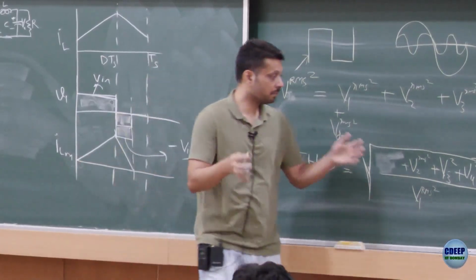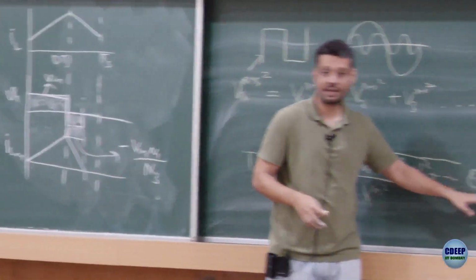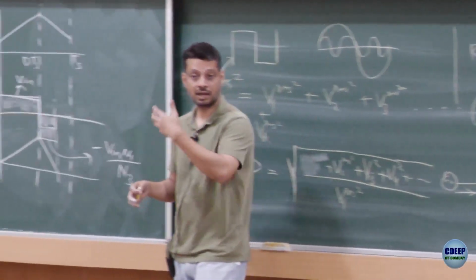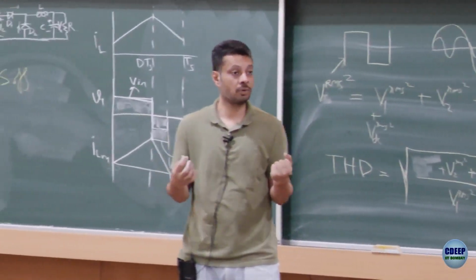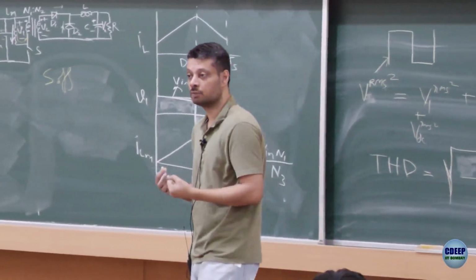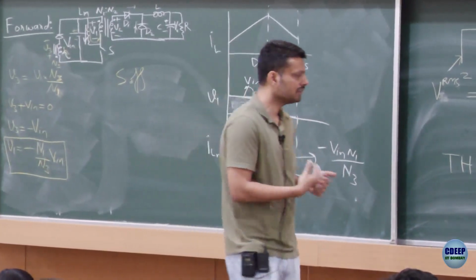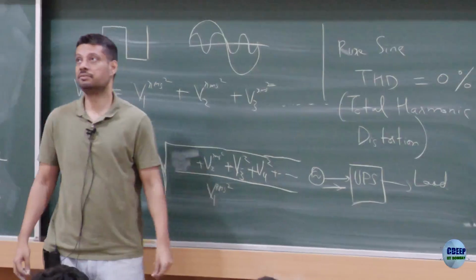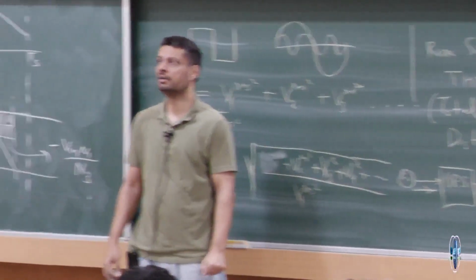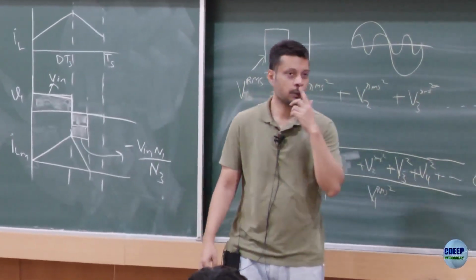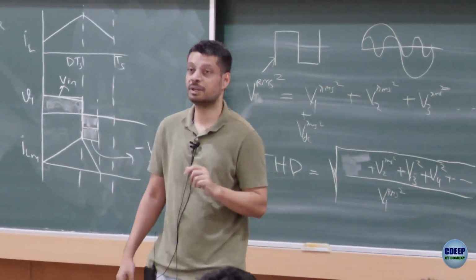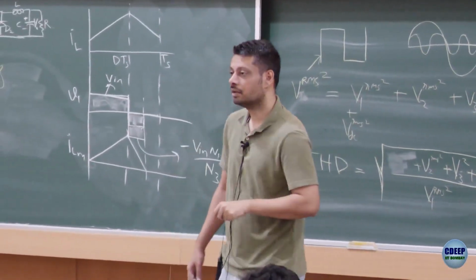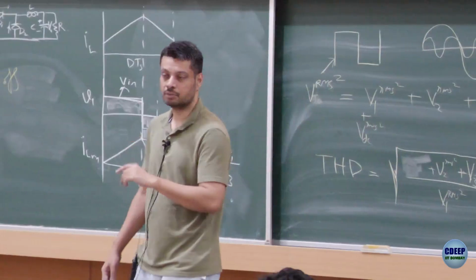In our power electronics and power systems, sine wave has a lot of value, right? Because the current you are drawing from the grid, you want to be equal to a sine wave. You don't want harmonic current to be drawn and so on. This is just an example. If you look at these LED lights, they don't mention the THD, but they do mention power factor, which includes THD, and I will come to that a little later.